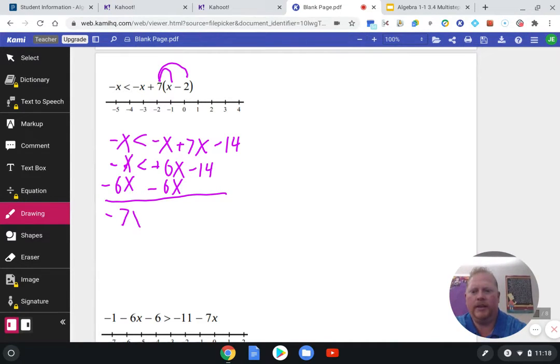Make negative 7x is less than negative 14. Oh, much better. Divide by negative 7, and I get 2. Now remember, I'm dividing by a negative, so the inequality flips and goes the other way. So x is greater than 2. So open circle on the 2 and shade to the right.